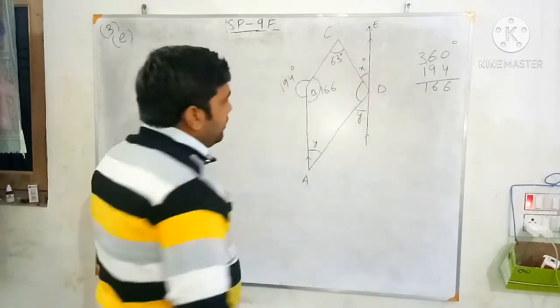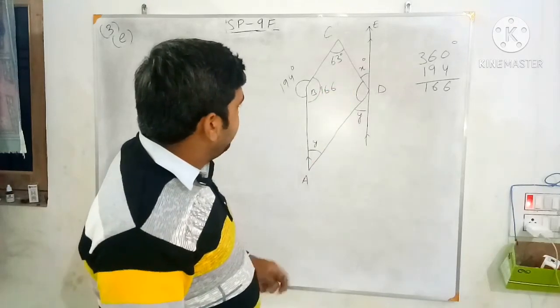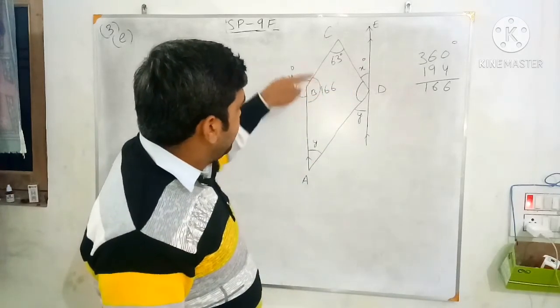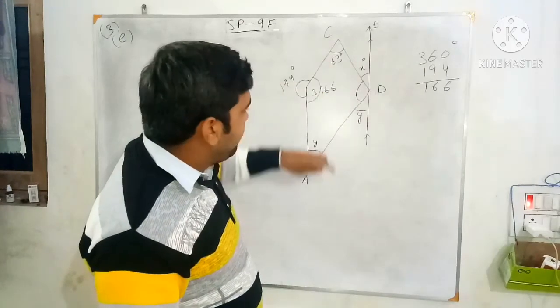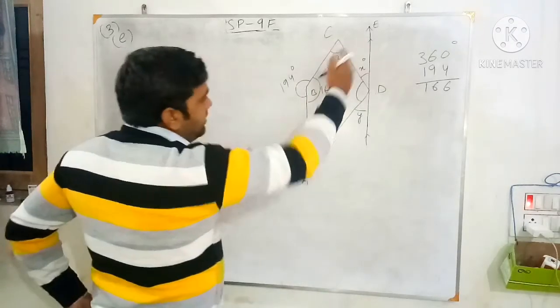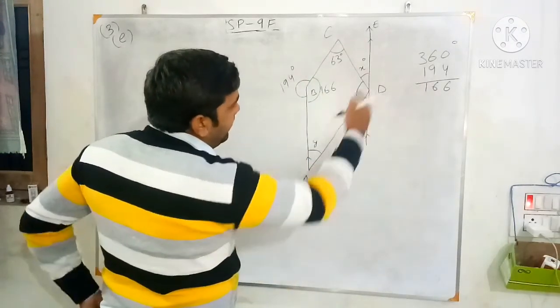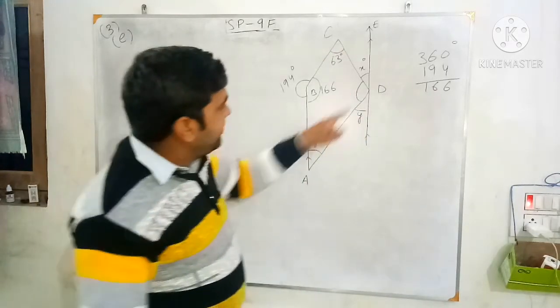Now you know the measurement of this angle will be what? 166, 63 degree. Inside of this is a quadrilateral with angle A, angle B, angle C, and angle D, and the sum of the four angles of a quadrilateral is 360 degree.